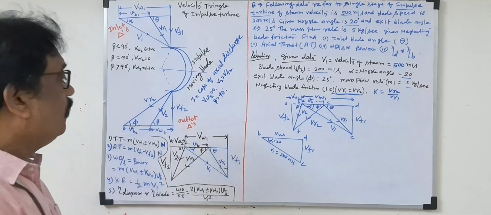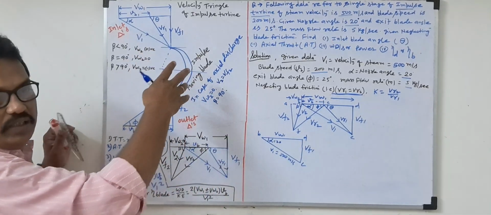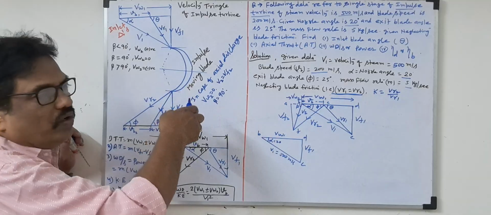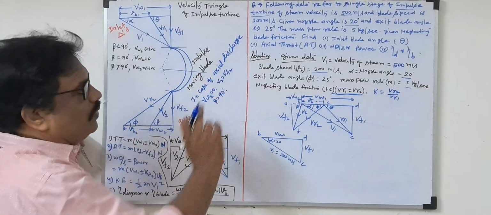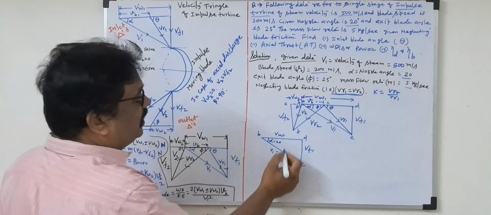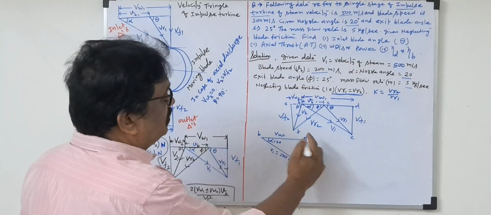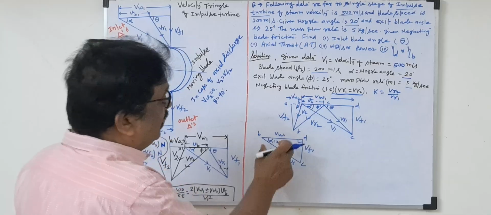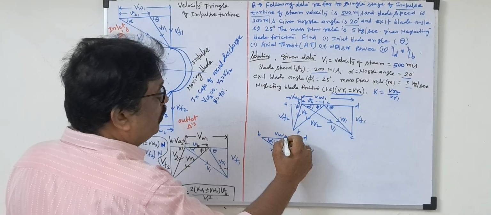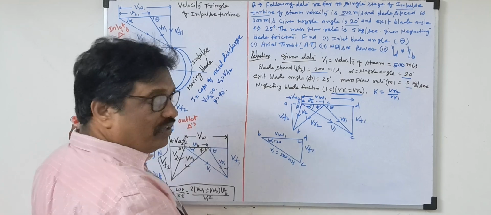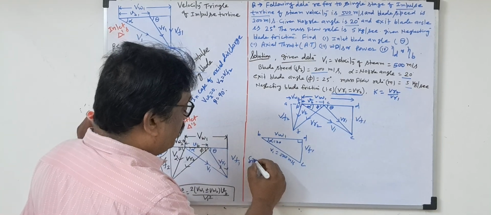Now, always this information they will give, because steam enters through the nozzle, so some angle should be there, and some steam velocity will be there. This two data will always be there. This is a right angle triangle with the hypotenuse, and VW1 is the base here.